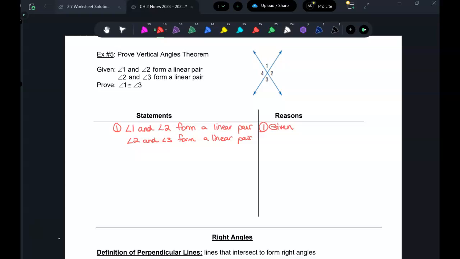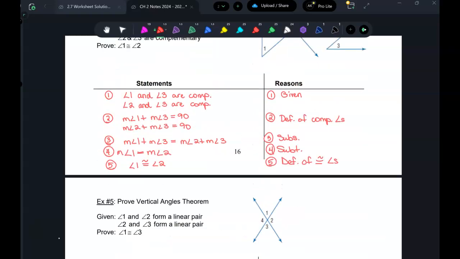Now, I'm going to have you look at the geometry proofs list. Is there anything on here that says linear pair? No. But we did do a theorem that had to do with a linear pair. It's like the supplementary.